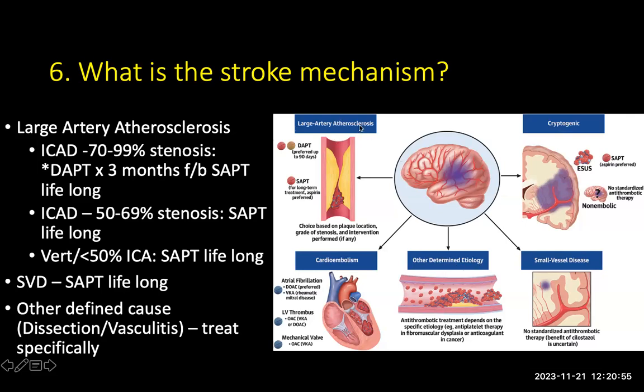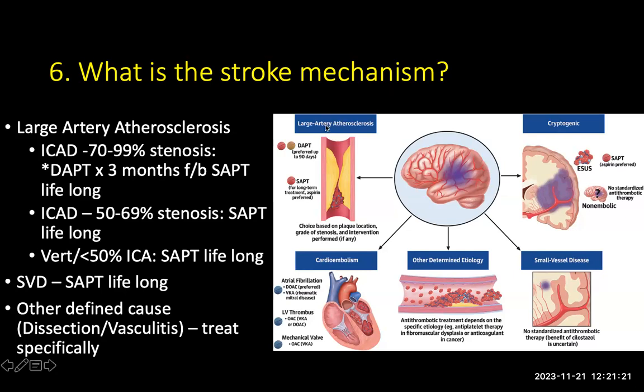So large artery atherosclerosis is if there's a symptomatic stenosis either extracranially or intracranially. Extracranially more than 50% in the ICA, so that automatically is a candidate for surgery, or intracranially more than 50% stenosis in any of the vessels which is supplying the impacted territory or the TIA territory. So that's large artery atherosclerosis.